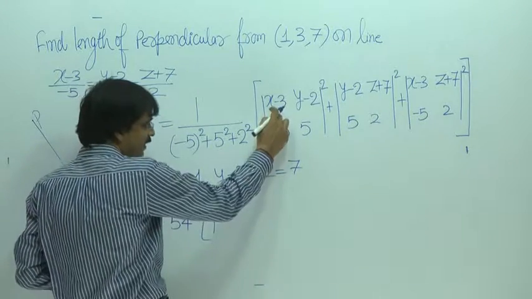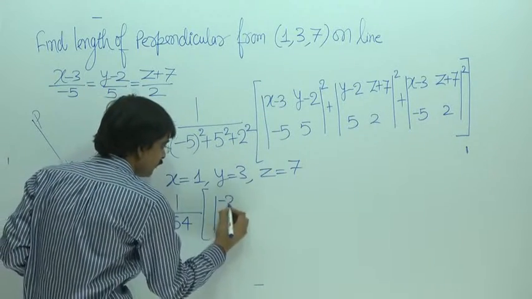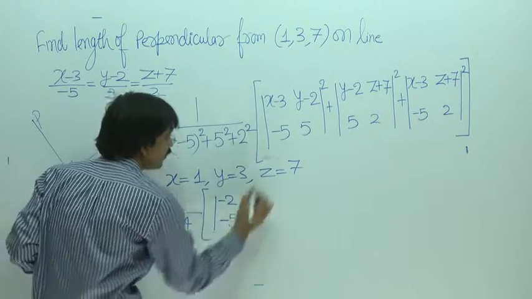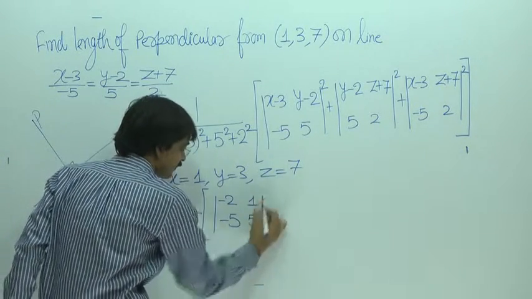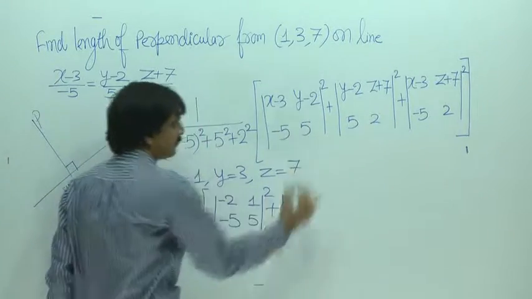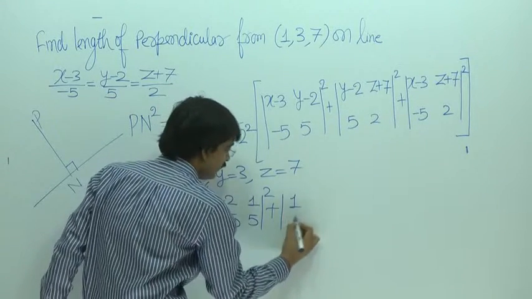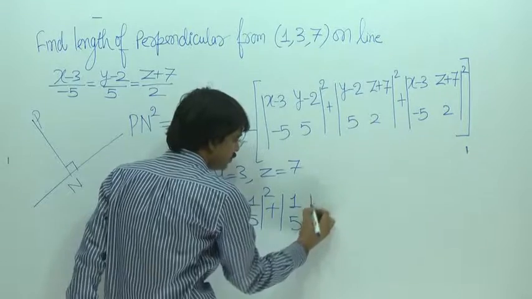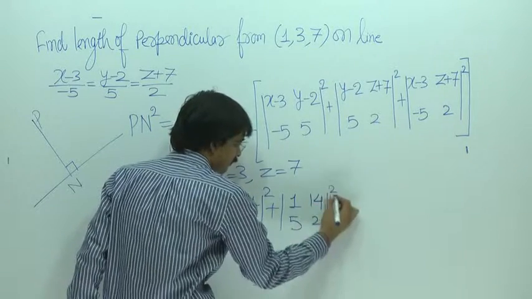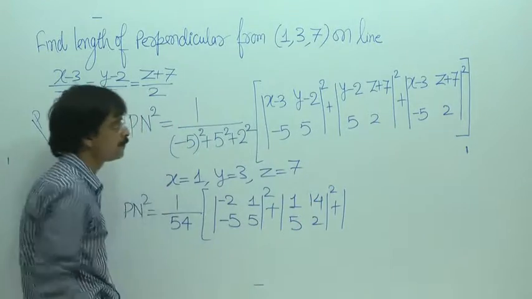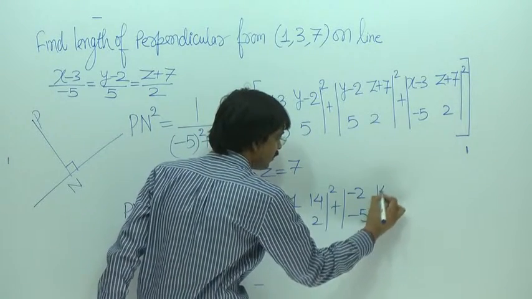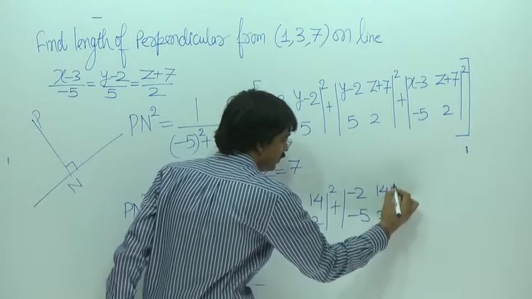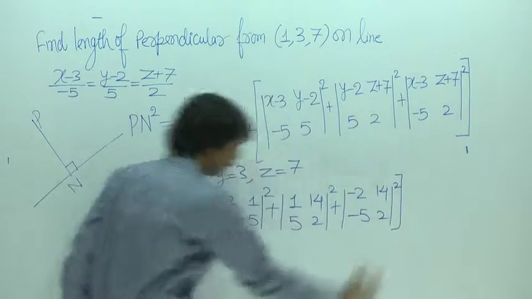In place of x, 1 minus 3, which is minus 2, 3 minus 2, which is 1, 5, plus the determinant 1, 5, 14, 2, plus minus 2, minus 5, 14, 2, and square of the determinant.